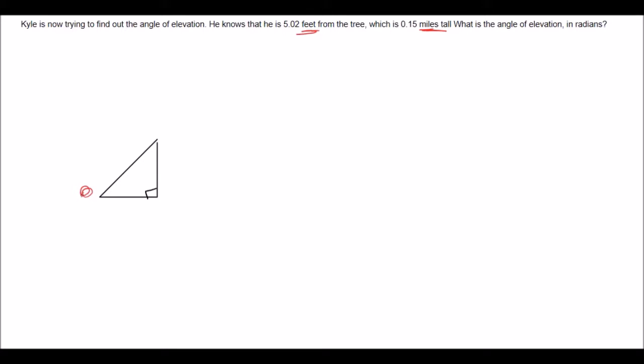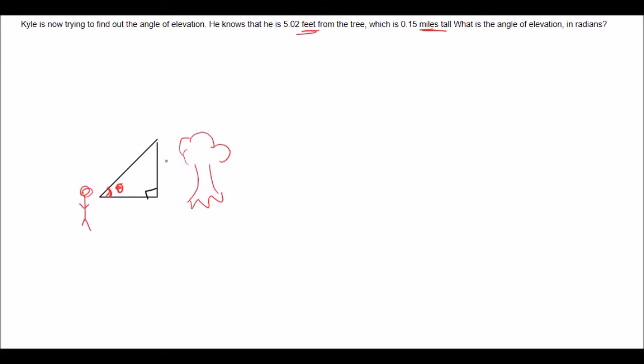So we have Kyle back over here again, and this is once again the angle of elevation that he's trying to find. We'll call it theta. So this is still a right angle, and you already know without me drawing it, I'll draw it again. Draw a different kind of tree this time.